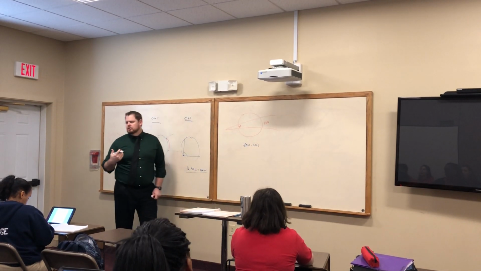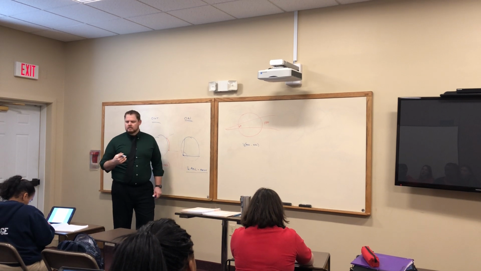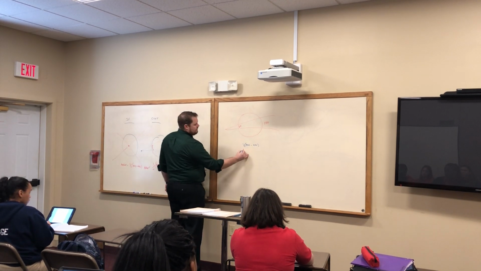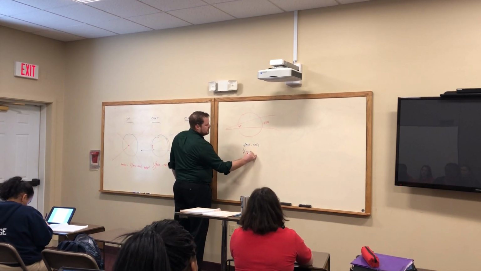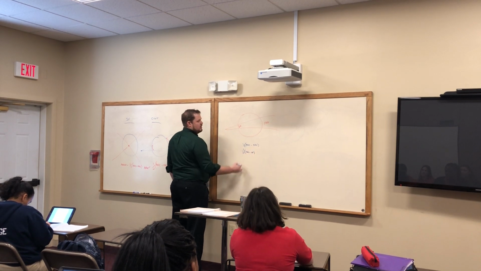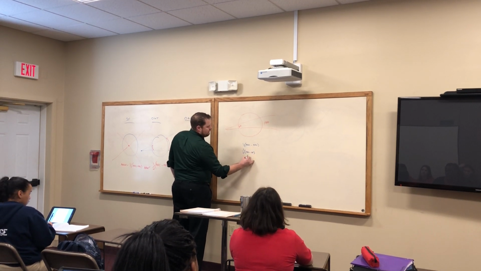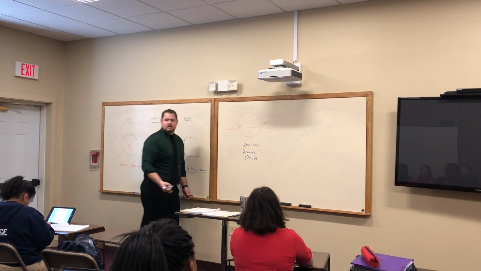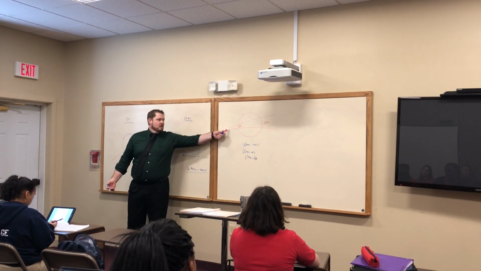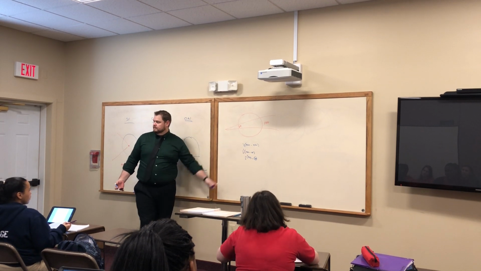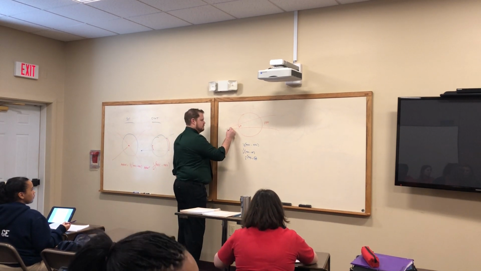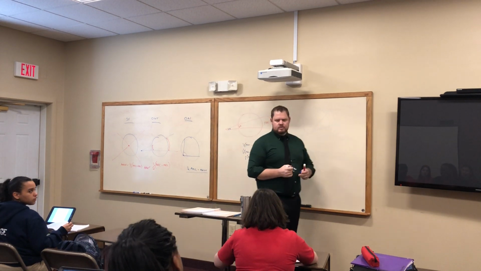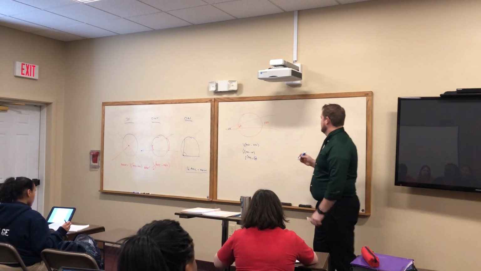So 1/2 of 100 minus 60. 100 minus 60 is? 40. 40 times 1/2 is? 20. So our angle is 20. Oh, I like that. Okay. All right, next. Let's do another one.